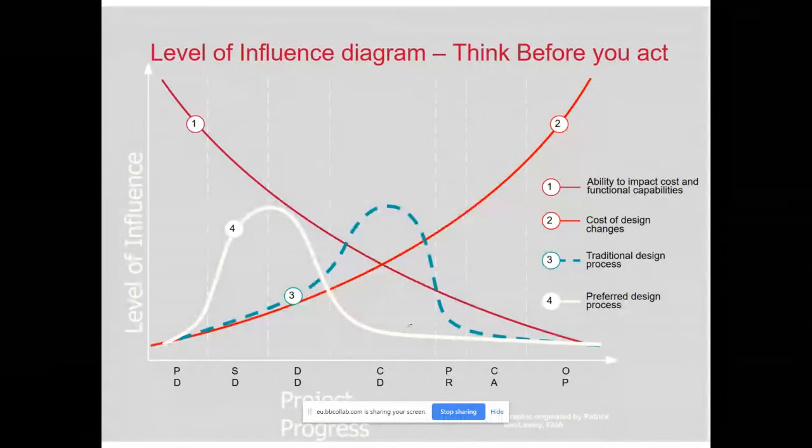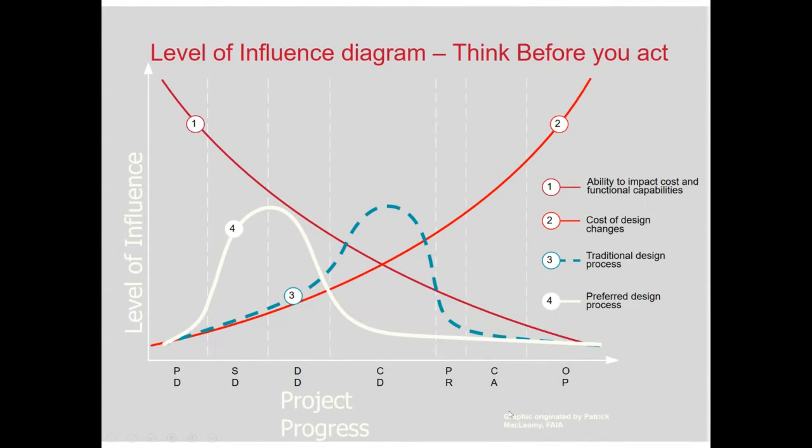Now, before we delve deep, a bit of theory. I'm sure you might have gone through this diagram from Patrick MacLeamy, the level of influence diagram. The key message here is that at the beginning phases of your project, here you can see the project stages starting from preliminary designs to schematics to detailed designs and then construction documentation and so forth.